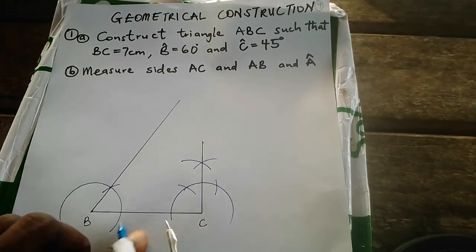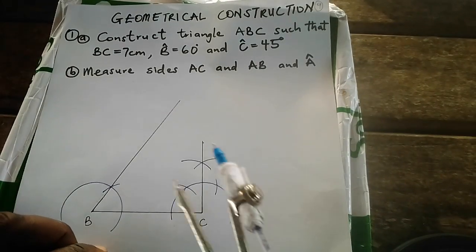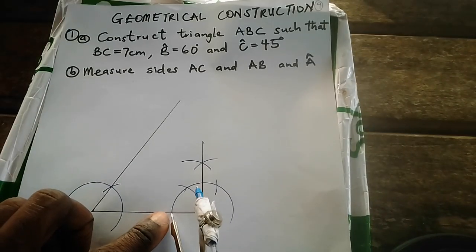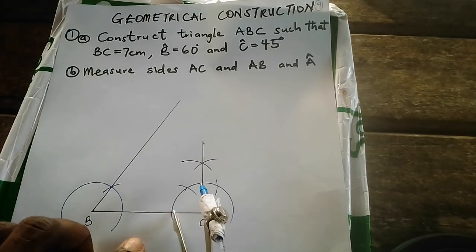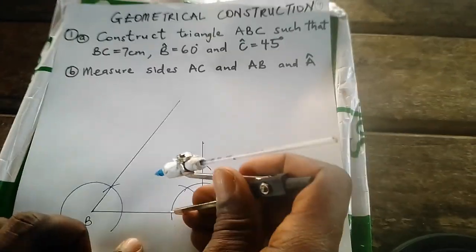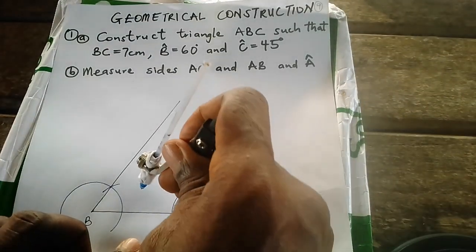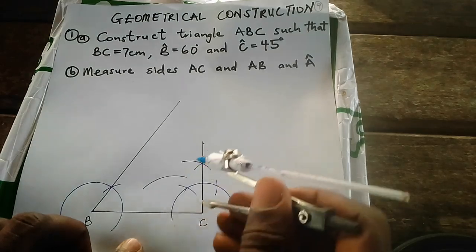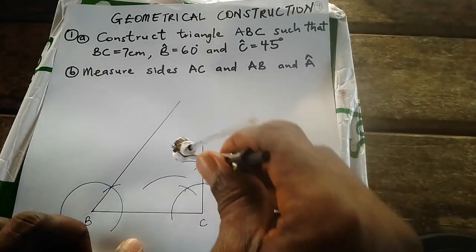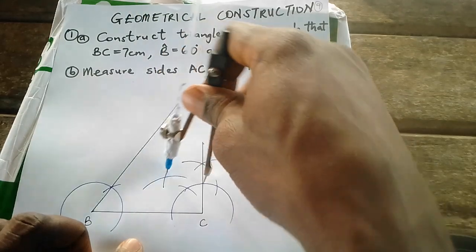So to bisect the angle, you can use any radius of the compass you like. Then I'll place it at the point of intersection of the line here to strike an arc. I'll place it at the point of intersection here also to strike another arc.